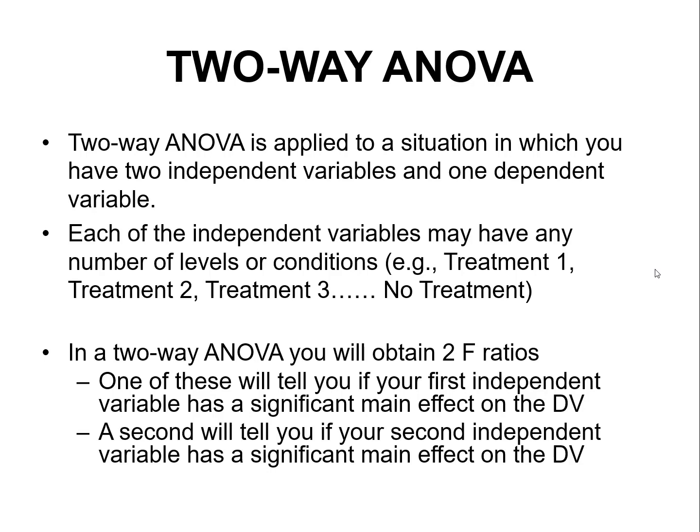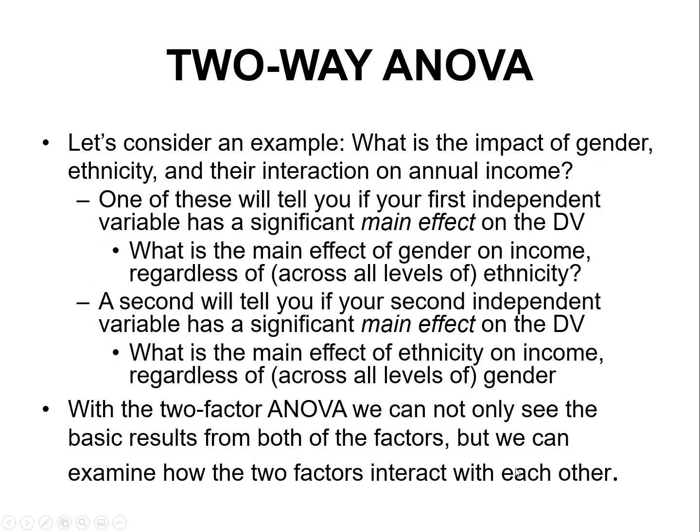One of these will tell you if your first independent variable has a significant main effect on the dependent variable. So this will basically be F1. The second will tell you if your second independent variable has a significant main effect on the dependent variable.